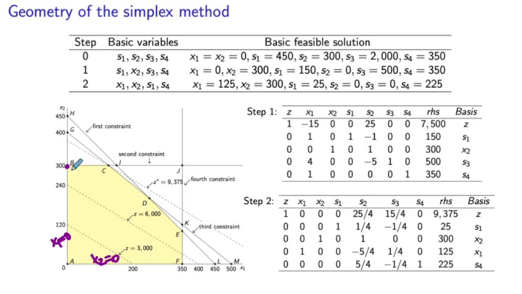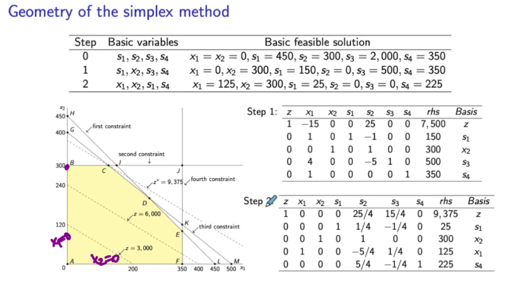Now the second constraint won the ratio test. It means that the slack variable for the second constraint, which is s2, is going to leave the basis, and s2 is now going to be equal to 0. And we can see that s2 is a non-basic variable now at step 1, so s2 is equal to 0 in this basic feasible solution. So point B is our basic feasible solution after step 1.